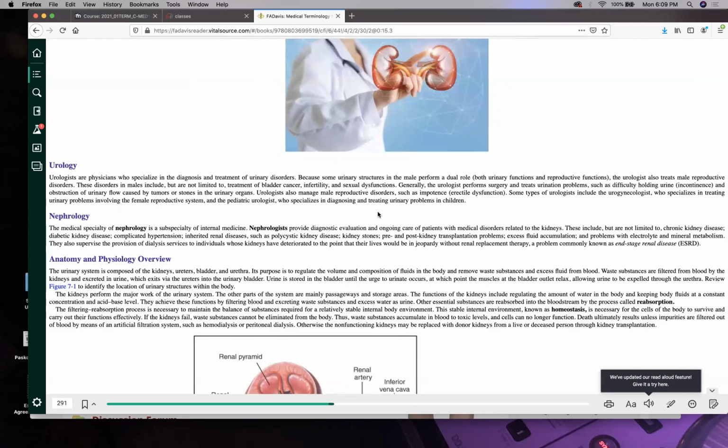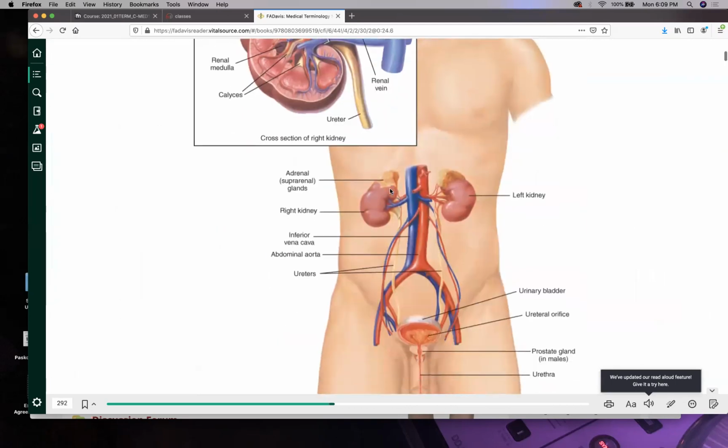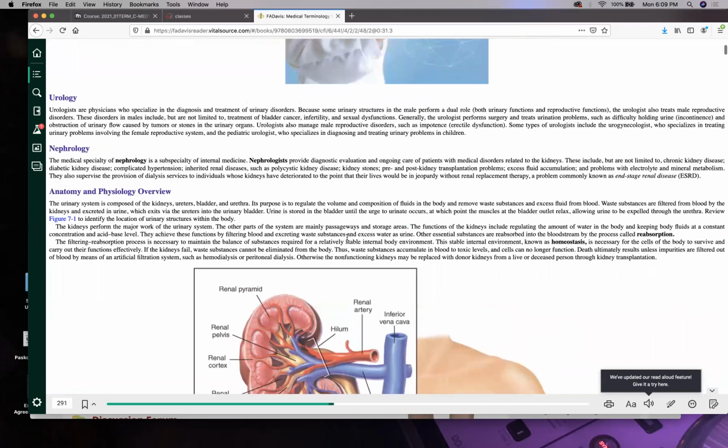So urology typically covers anything down here for male and female, but if it's something of a sexual or fertility nature, a male patient will go to the urologist, while a female can go to the gynecologist.